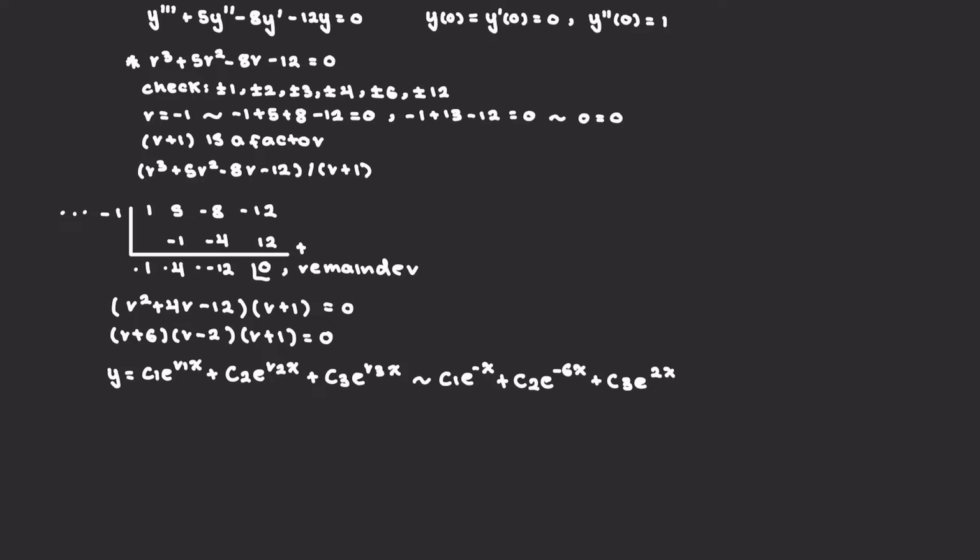And so this is our general solution to this higher order ODE.